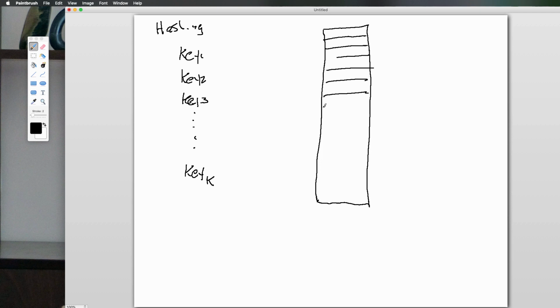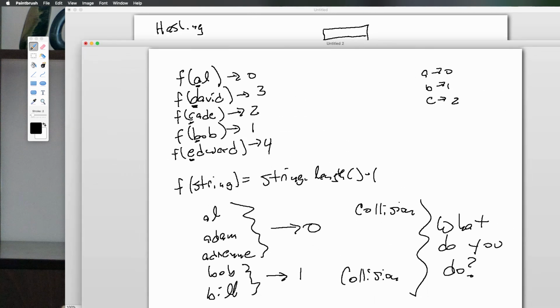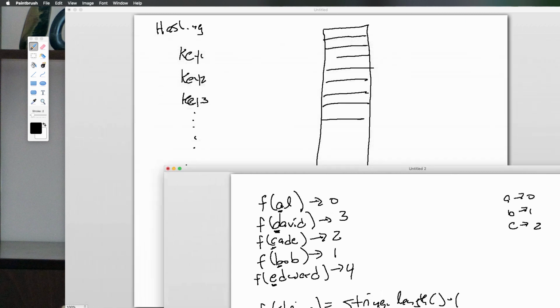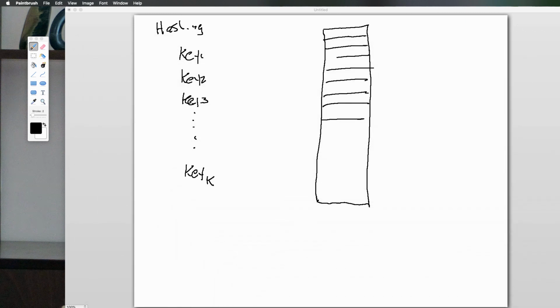Remember the whole idea here is these things called collisions are problems. And we would like to eliminate them completely. We're not going to be able to do that. But we would like to make them less likely. So one way to make them less likely is, if there are k of these keys, I'm going to have a table with n-1 entries.